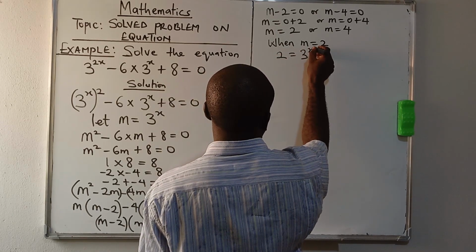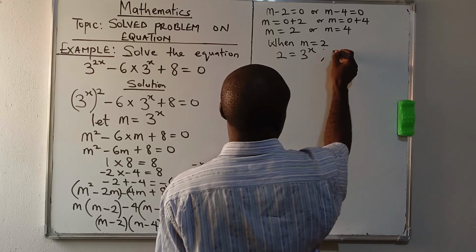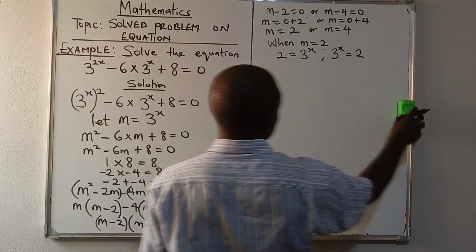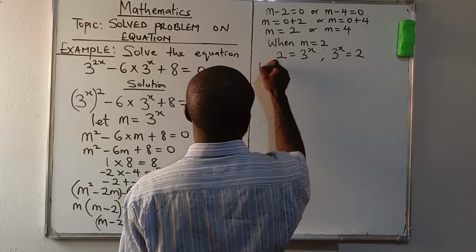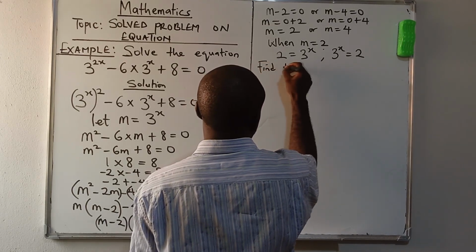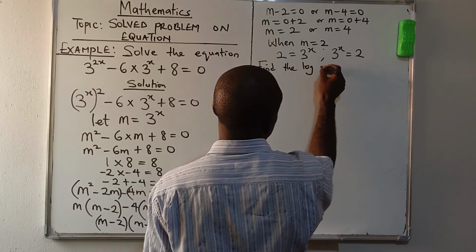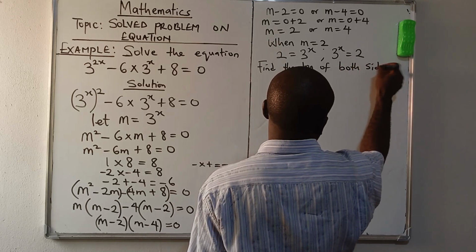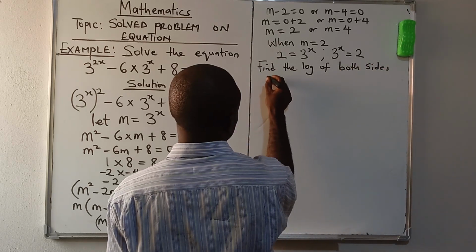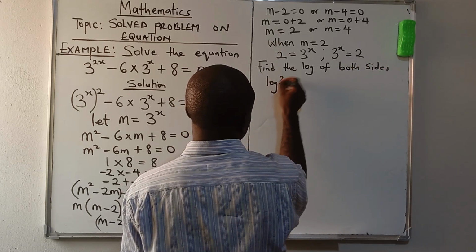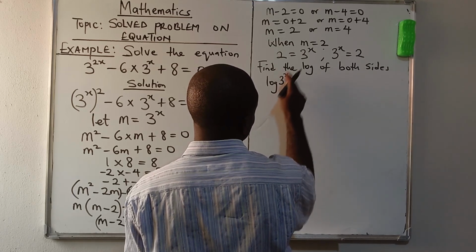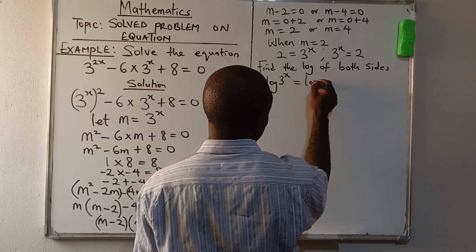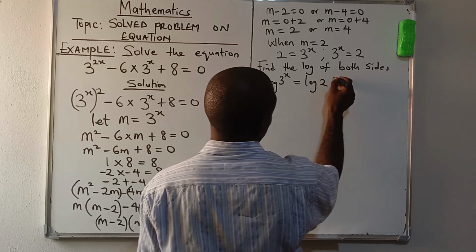3 raised by x, which means you can still write it as 3 raised by x equals 2. Now what you need to do is to find the logarithm of both sides. You say log 3 raised by x base 10 equals log 2.